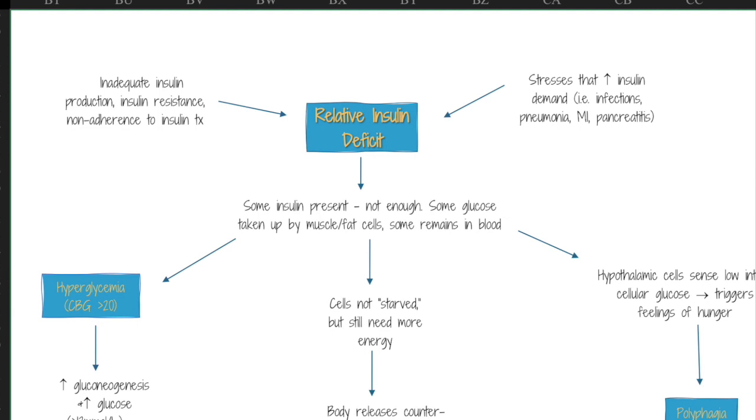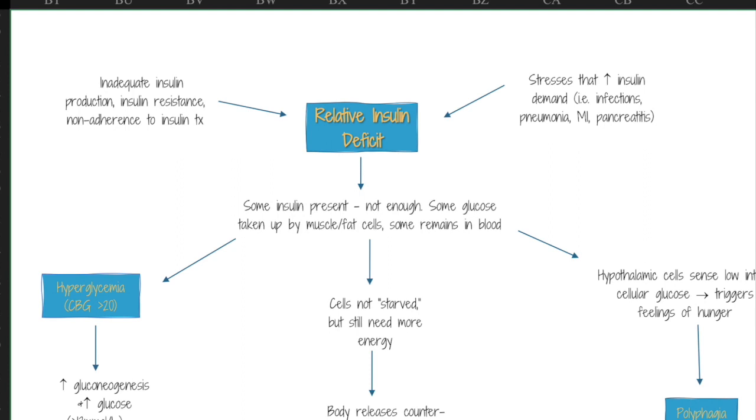So when we talked about diabetic ketoacidosis, we talked about what kind of begins that off. The big kicker at the very, very beginning was that we had absolutely no insulin left in the body.